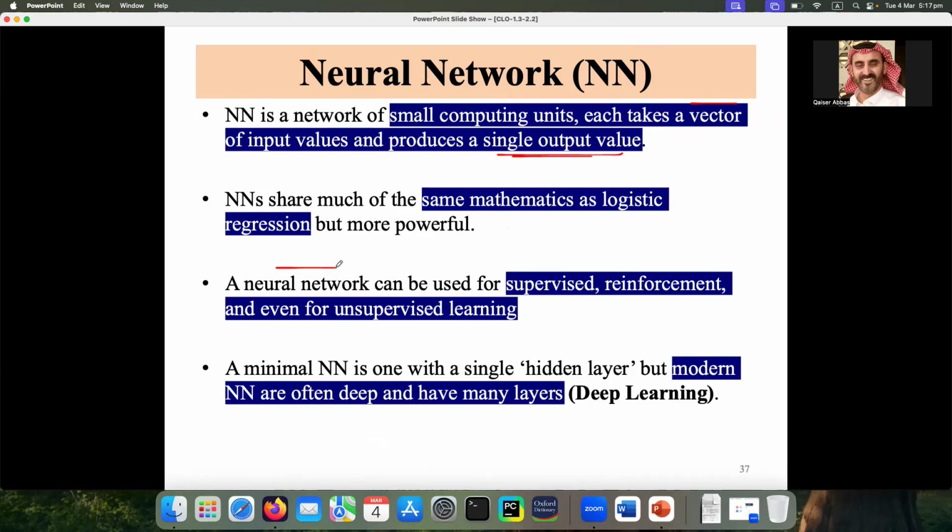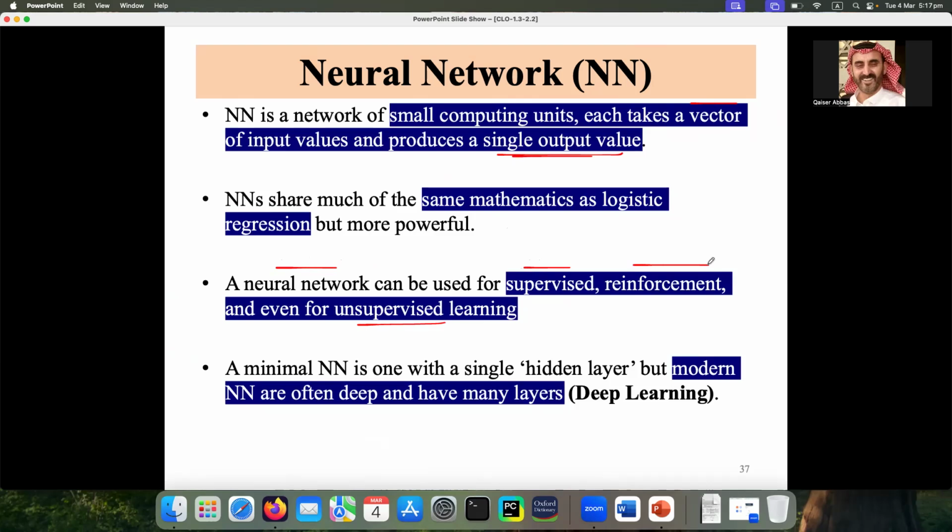Neural networks can be used in supervised, unsupervised, and the third category, reinforcement learning. We even have a fourth category, but the third one is reinforcement learning. We saw the definition of this earlier. What kind of learning is reinforcement learning? I'm just checking you.